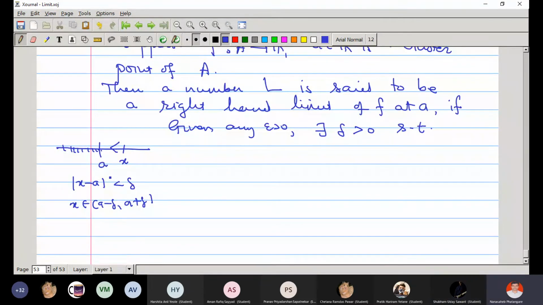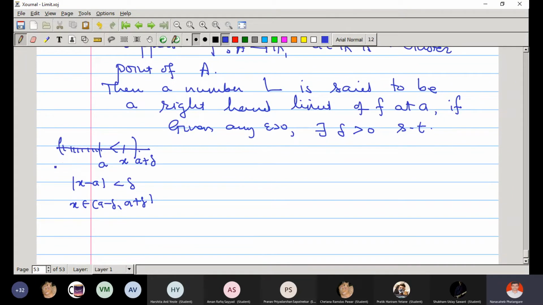But when I say x minus a is less than delta, then it may happen that x minus a is negative, which means x is less than a. That may be possible, since negative numbers are less than delta. So which part of the neighborhood am I interested in? a to a plus delta.